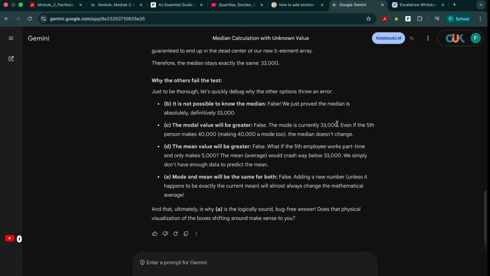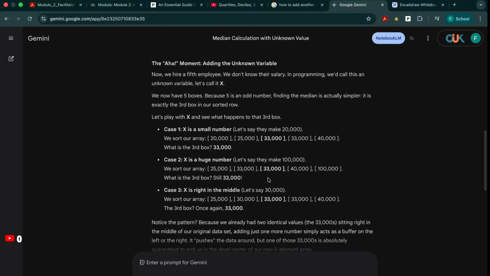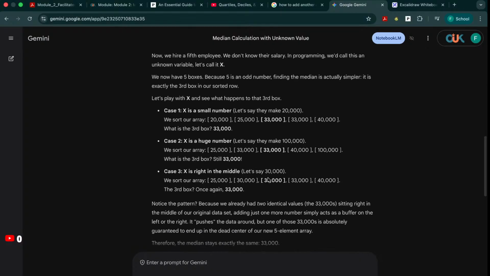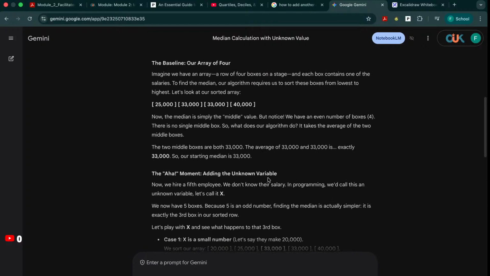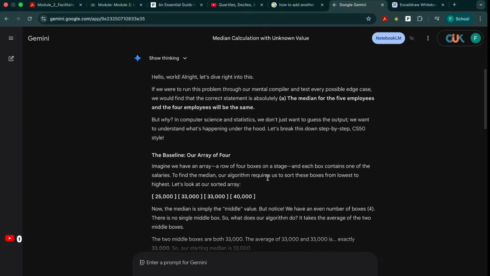We are told the mode is currently 33K. Even if the fifth person makes 40K, making 40K the mode, the median does not drop. So the other one is false. Number 1 has a lot of explanation, but that is how it is done.